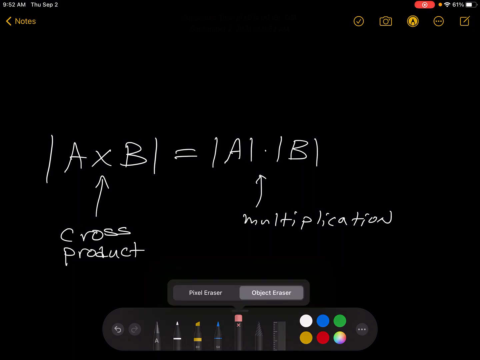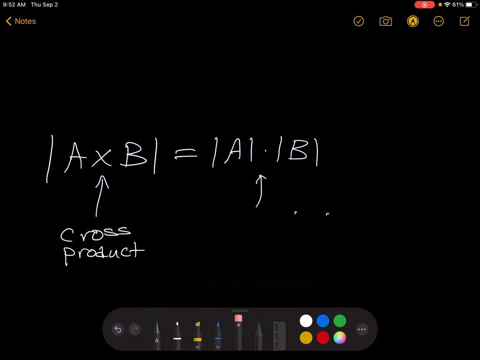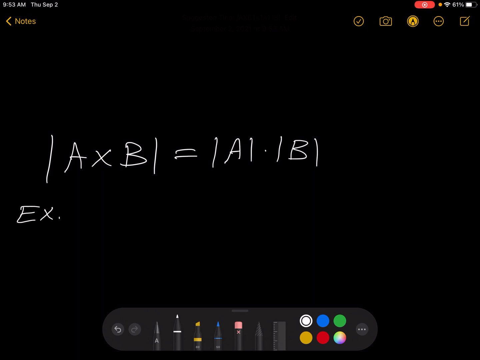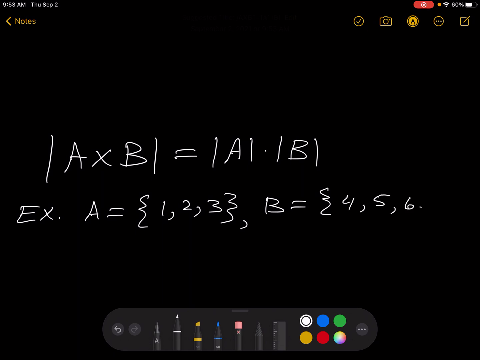All right, so now let's think about why this is true. And I think an example shows this perfectly. So as an example, let's take A equal to the set 1, 2, 3, and B equal to the set 4, 5, 6, 7.